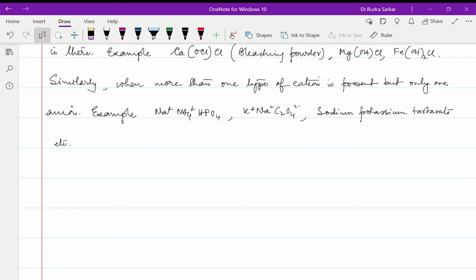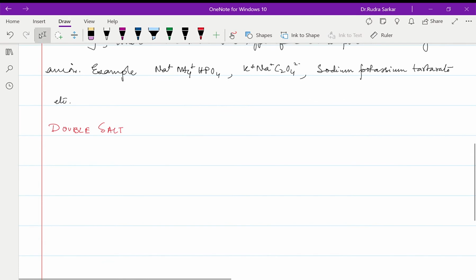Now, can there be another type of salt? There is another type of salt which is known as a double salt. So what is a double salt?